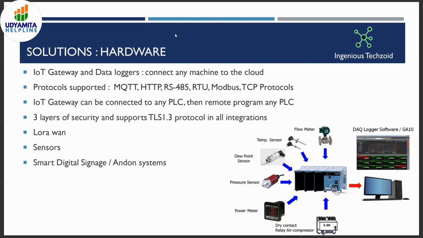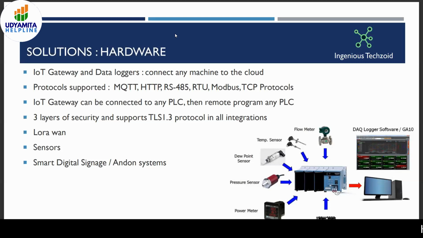Usually, people take a PLC and connect it to an IoT gateway, and that gateway sends the data to the cloud, isn't it? Here we made a wireless device that can connect with any kind of machine. It reads the data from the machine directly, and through Wi-Fi, it connects directly to the server.